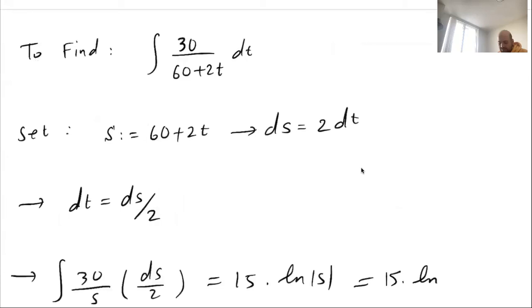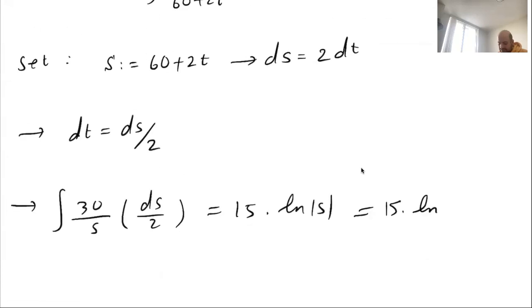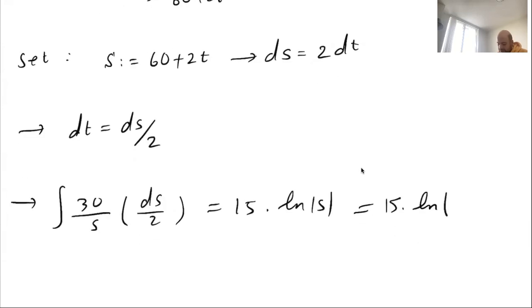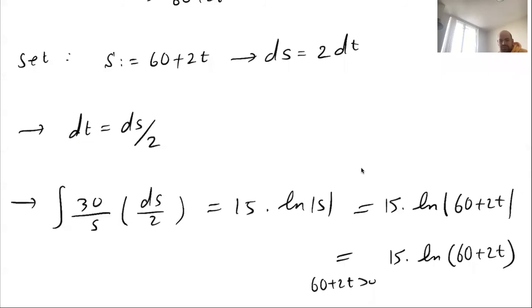Because t is time, it is positive. So 60 plus 2t will also be positive. So the absolute value is 60 plus 2t, which is positive. So we can say 15 times ln of 60 plus 2t.